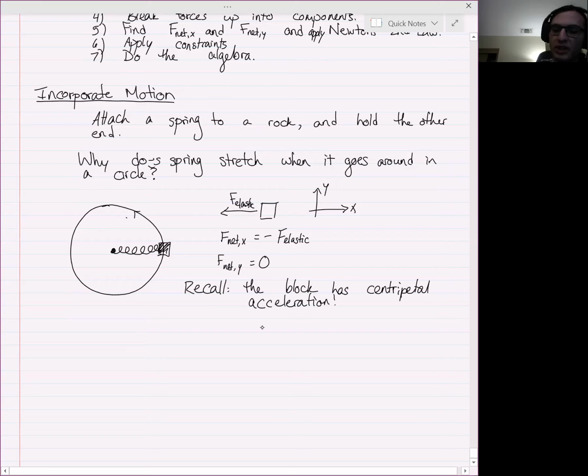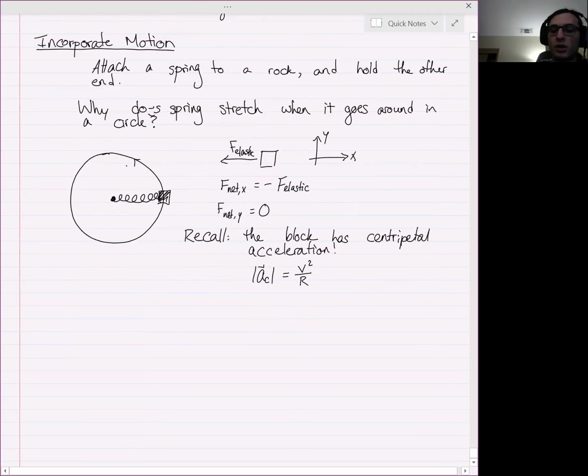So the magnitude of the centripetal acceleration, remember, is v squared over the radius, right? We know that the acceleration is to the left, towards the center of the circle. And so in our case, ax is just negative v squared over r.